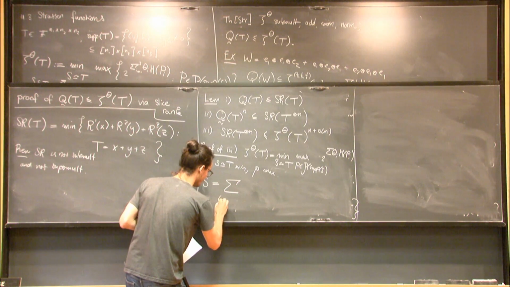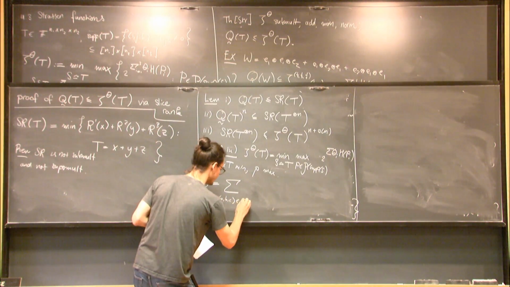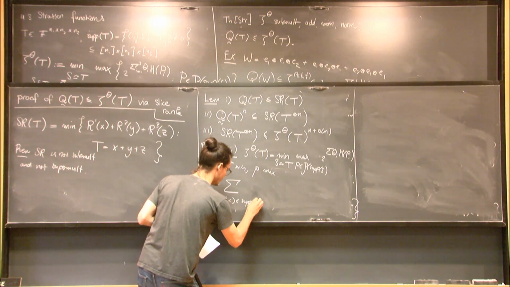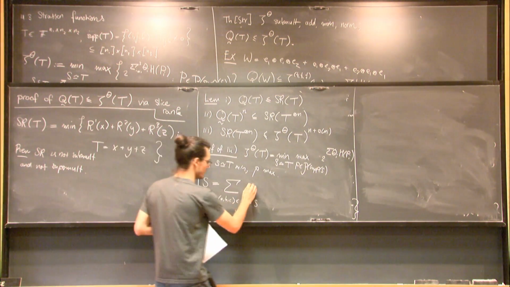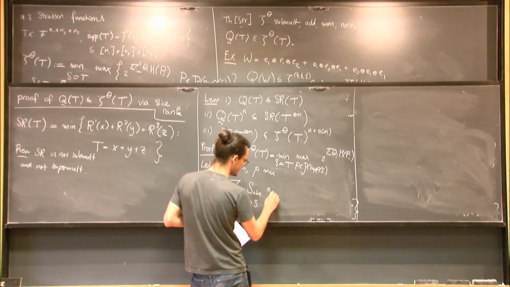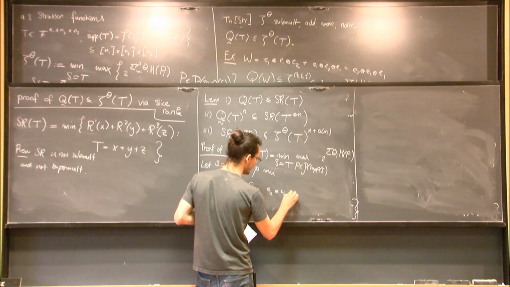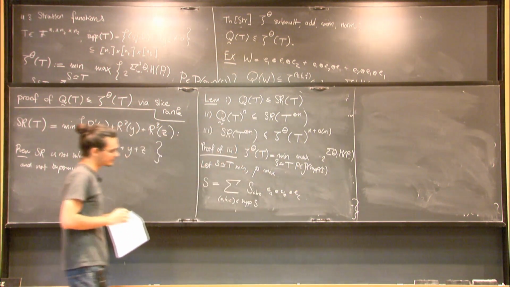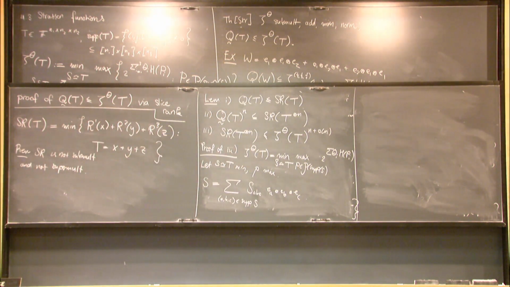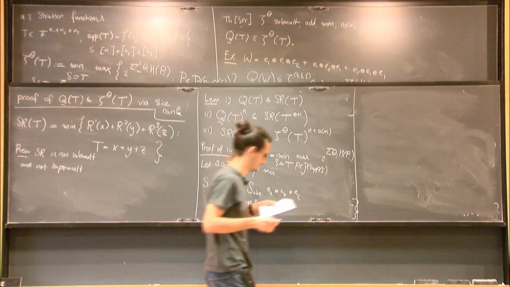So I go over all ABC in the support of S, and I have as a coefficient S_ABC, and as a basis element I have e_A, e_B, and e_C. Right? Just wrote down S. But I only have to go over the support. That's the definition of support.